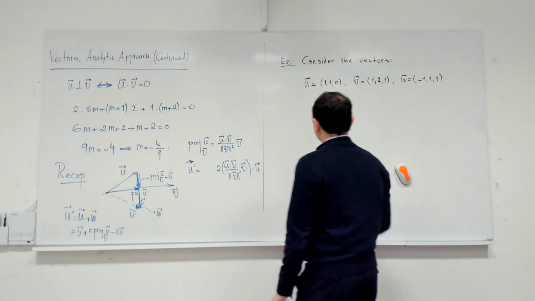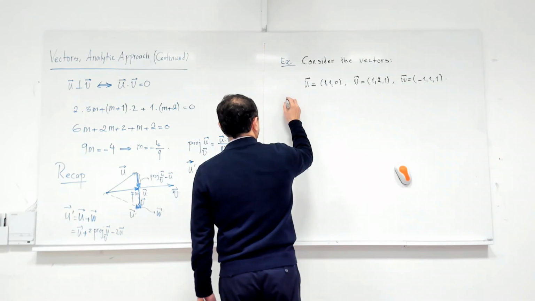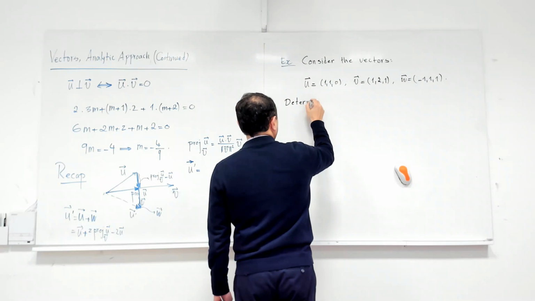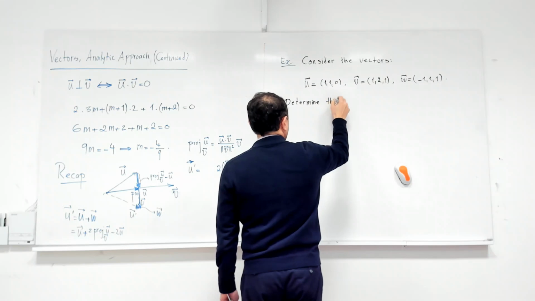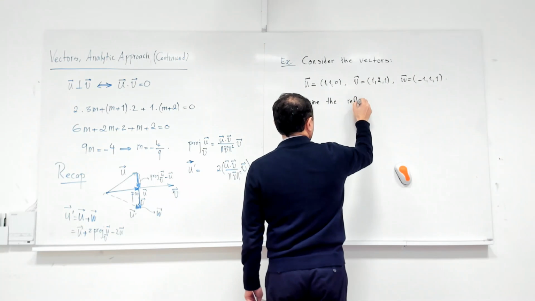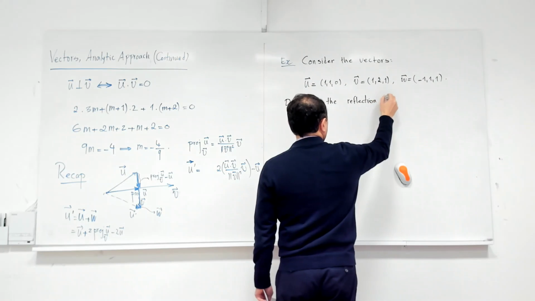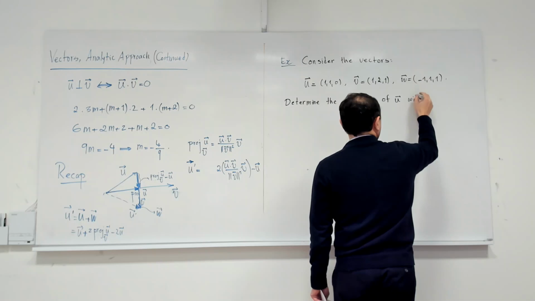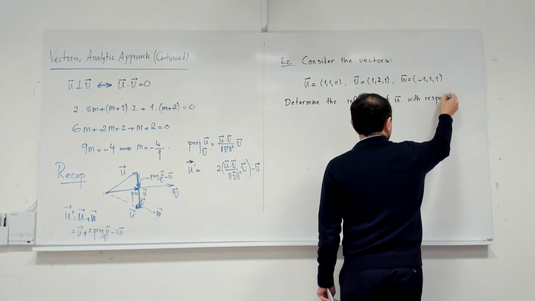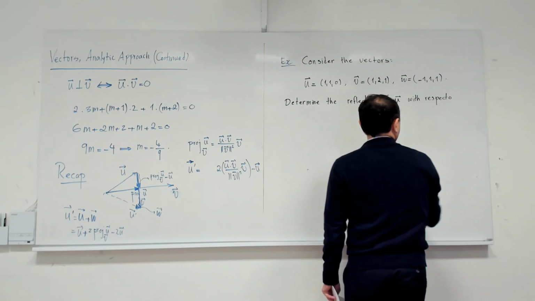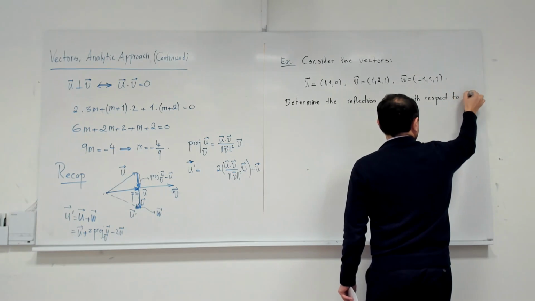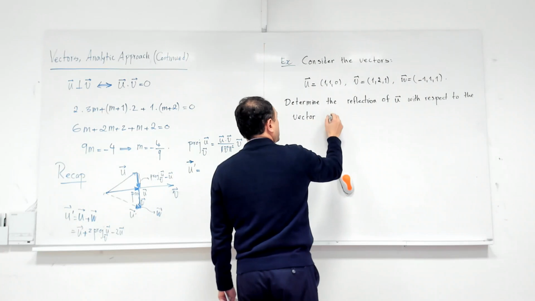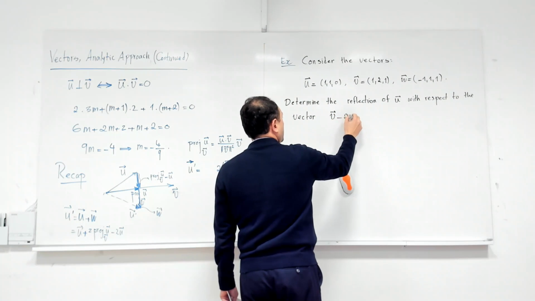Consider the following vectors. Determine the reflection of vector u with respect to the vector, say, v minus 2w.